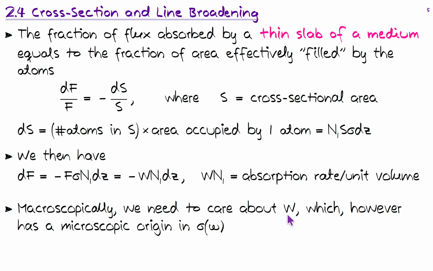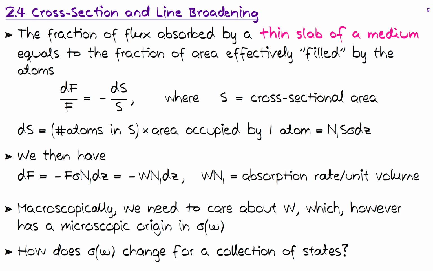And this makes sense because with this macroscopic quantity, we can also make use of other macroscopic quantities, for example the photon flux, which are more easily calculated, for example how a macroscopic laser beam is hitting the medium, affecting the absorption. So how does sigma change when we go into a collection of states? That, in a way, is the main question we would want to answer here.